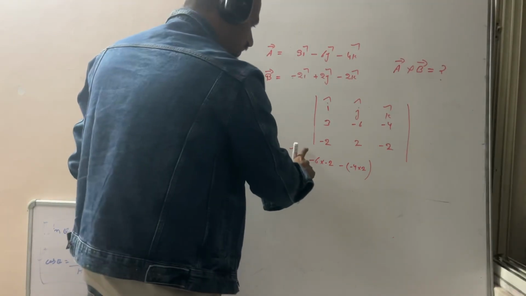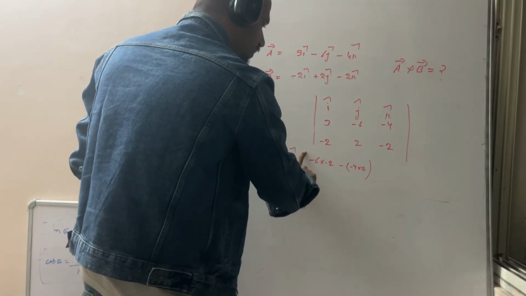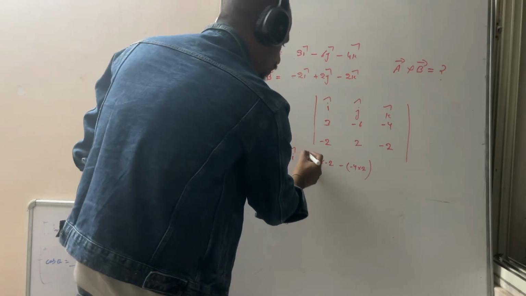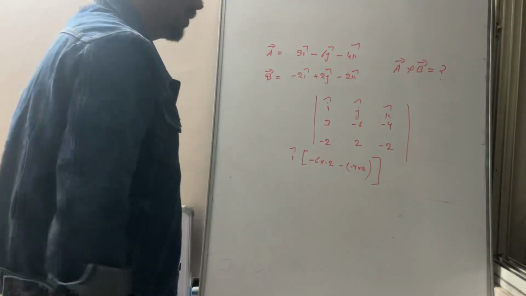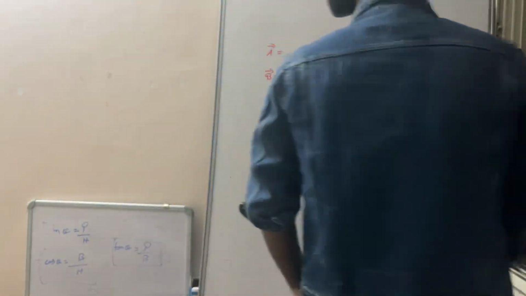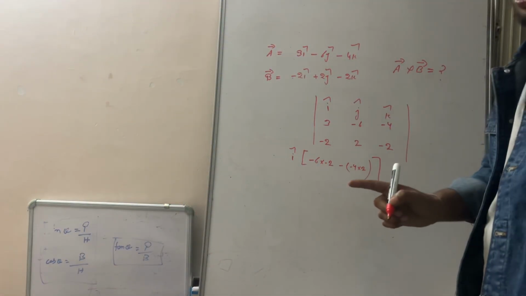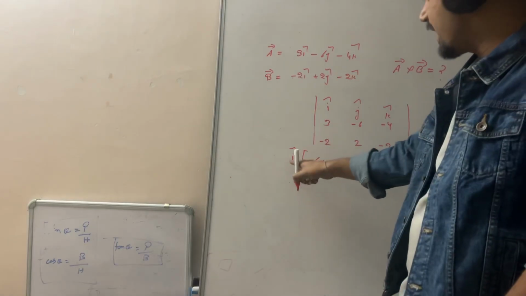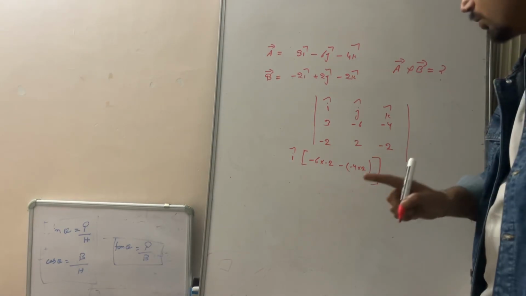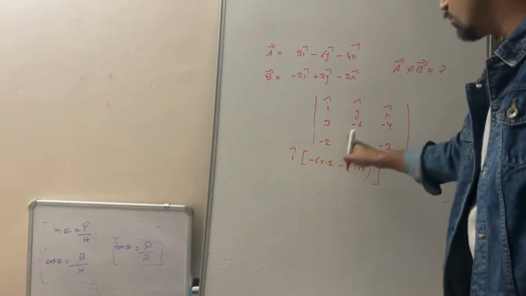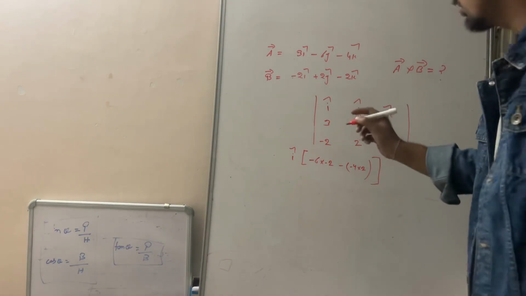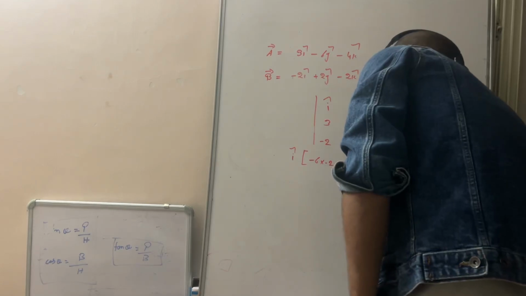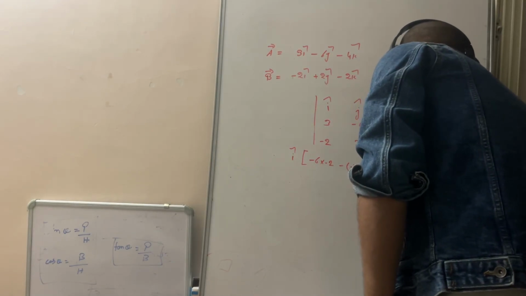If there is any confusion, use another bracket. The signs for I, J and K alternate: I is positive, J is negative and K is again positive. So it will be minus J.